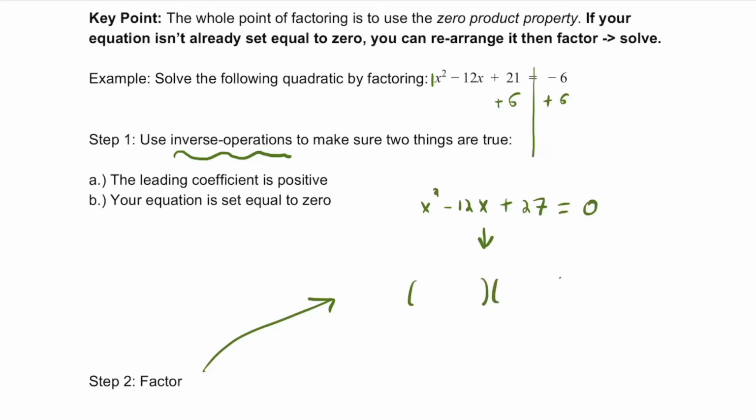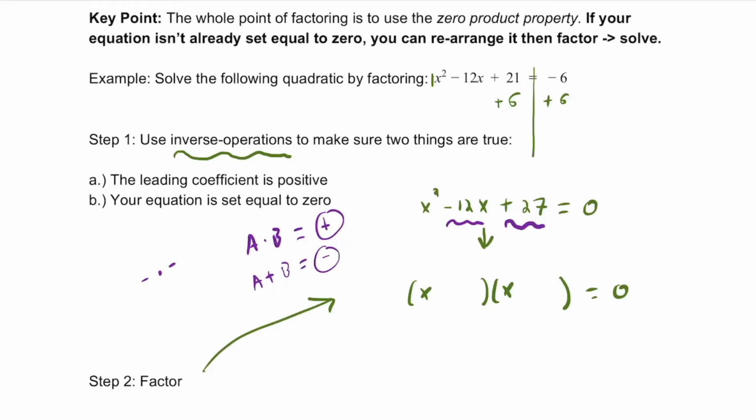This is a trinomial where a equals 1, so we would have x and x. This is my favorite type of factoring, when the c term is positive, but the b term is negative. So we need two numbers that multiply to make a positive number, but add together to make a negative number.